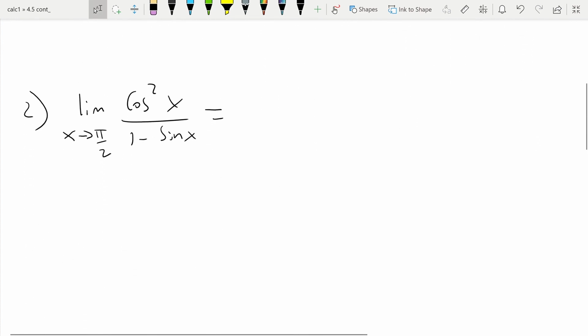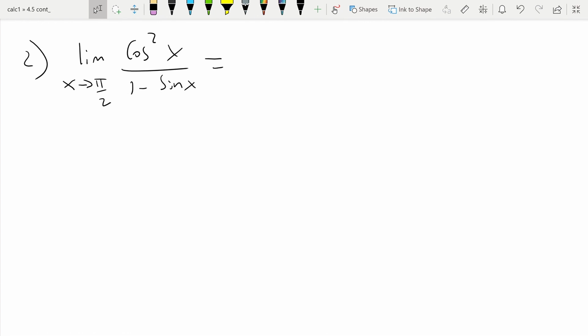So the second problem, let's compute a limit when the point a is not equal to 0. Because I don't want to give the impression that whenever you are asked to use L'Hopital's rule, the point that x is approaching is 0. So again, we have to check the hypothesis.